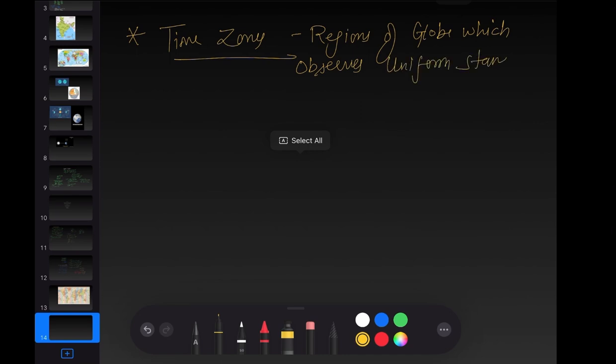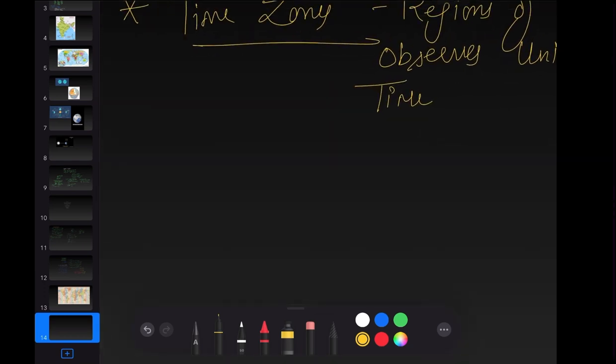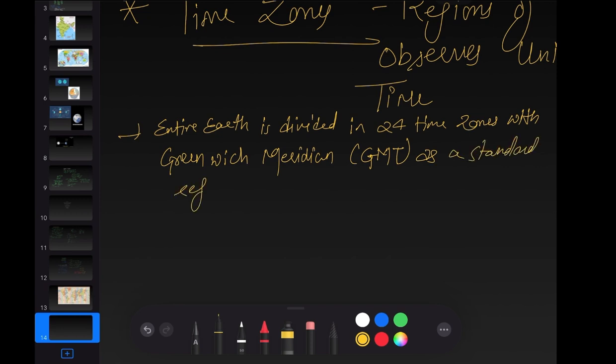The entire Earth, or globe, is divided into 24 time zones, with Greenwich Meridian Time, GMT, as a standard reference.